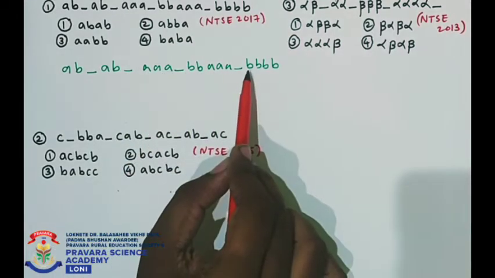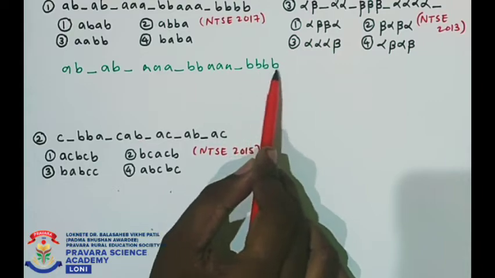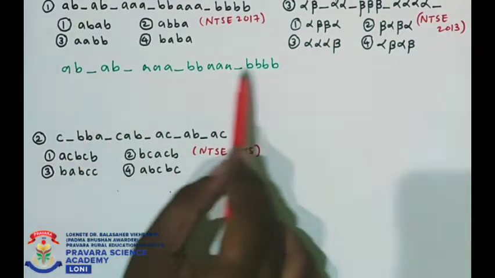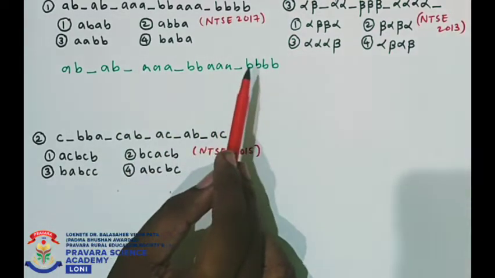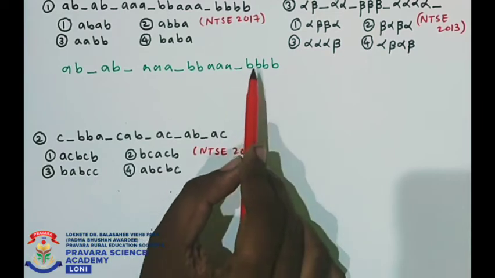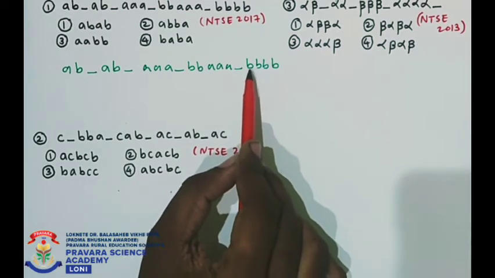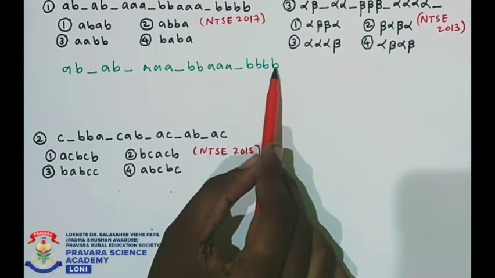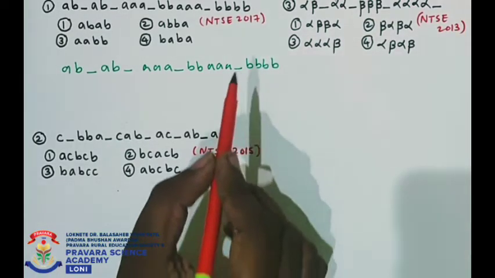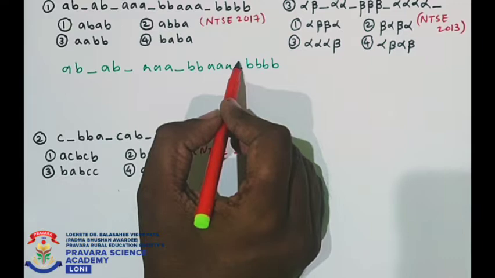Here you can see that B is coming 4 times. So if we apply some logic and try to guess what these blank spaces may be, if B is coming 4 times here, then A also should come 4 times here. So I will try to put A here.